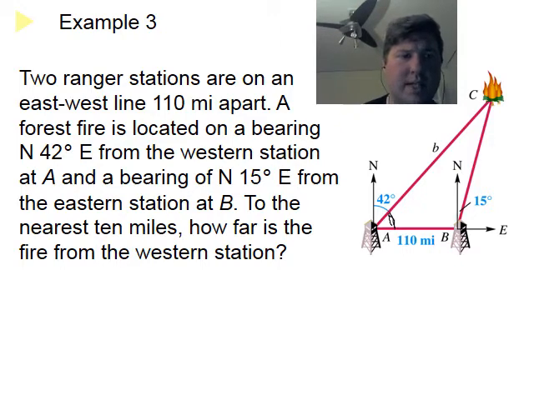But they tell us that these two ranger stations are on an east-west line. What they're telling us is that this is directly east and west here, the bottom of our triangle. And since north would be going up 90 degrees, this distance here is just going to be 90 minus 42.